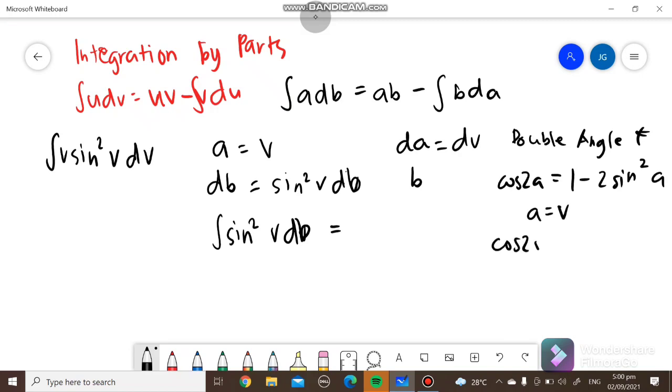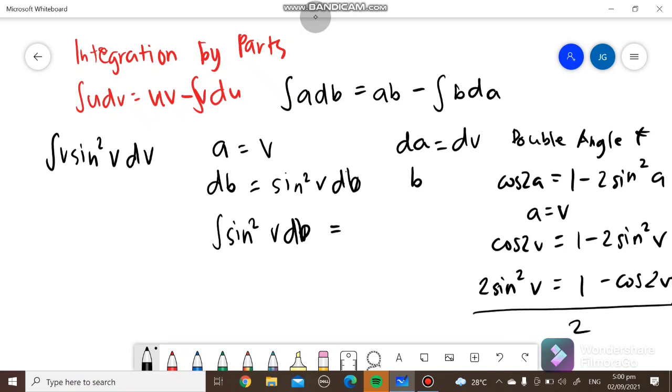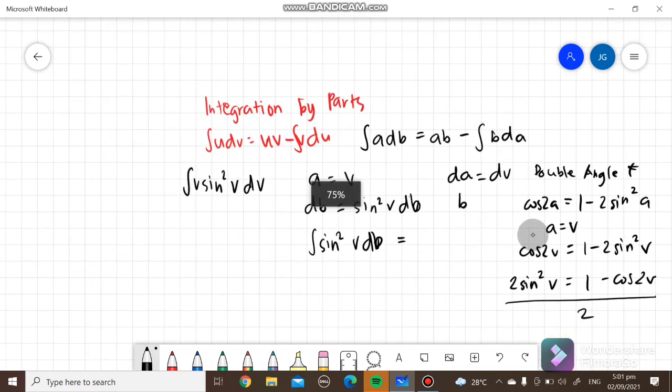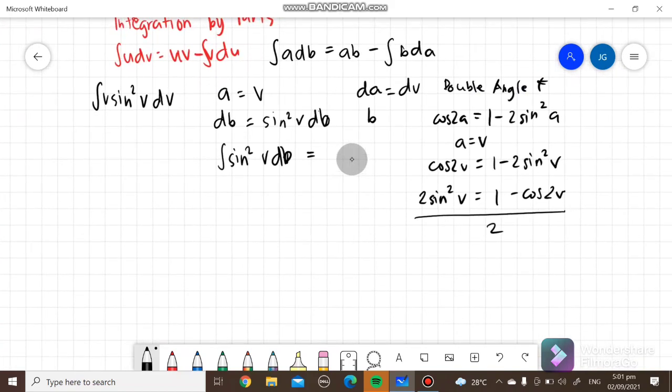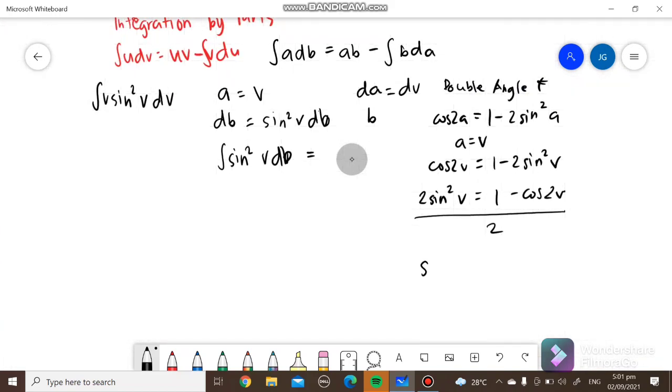So cosine 2v is equal to 1 minus 2 sine squared v. Tapos, kailangan natin ma-exclude yung sine squared v. So, ang mangyayari dito is sine squared v is equal to 1 minus cosine 2v all over 2. So, basically, the value of sine squared v is equivalent to 1 minus cosine 2v all over 2, according to the double angle formula.